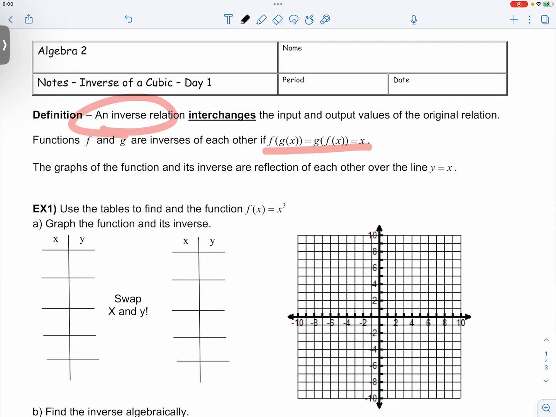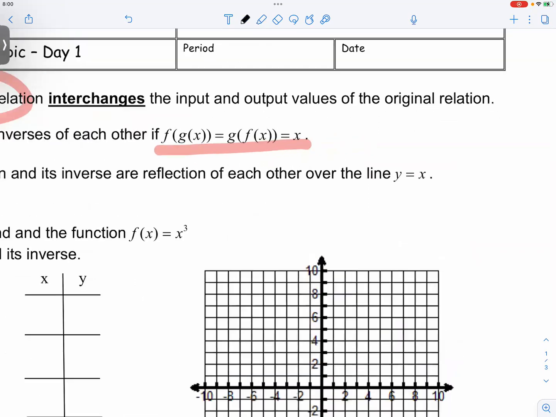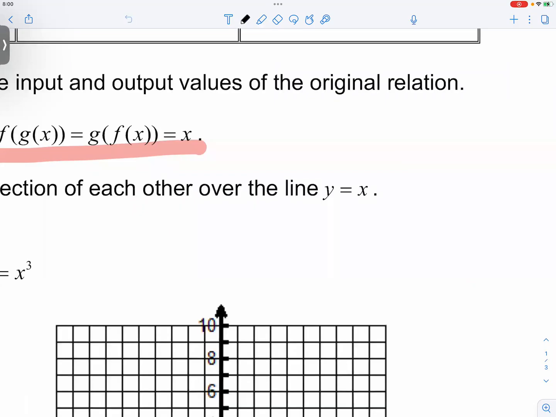And what I said last semester, we'll say this one more time here: always remember x squared and square root of x as a pair of inverse functions.